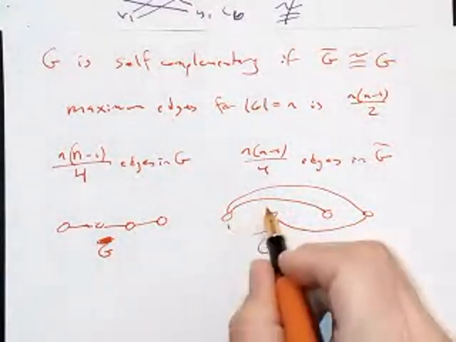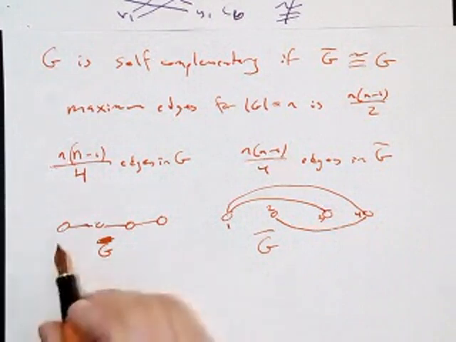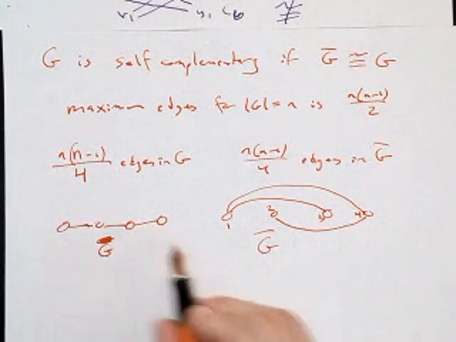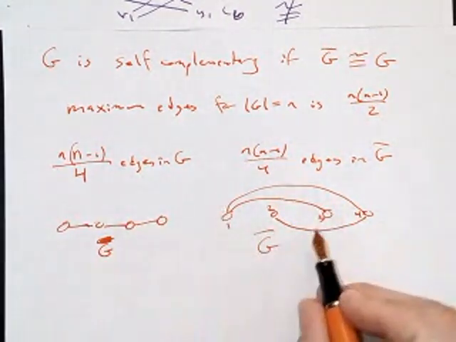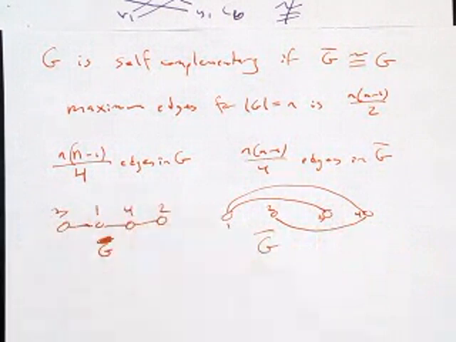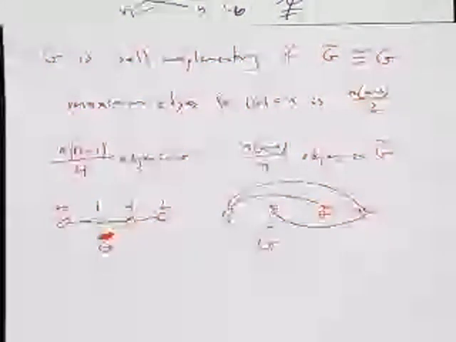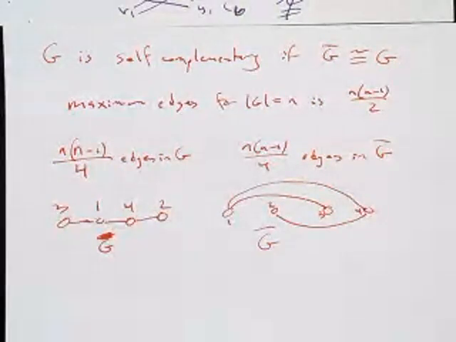I'm going to label these as G. I'm going to label these. The order is the same. Three connects to one, one connects to four, four connects to two. The graph is self-complementary.